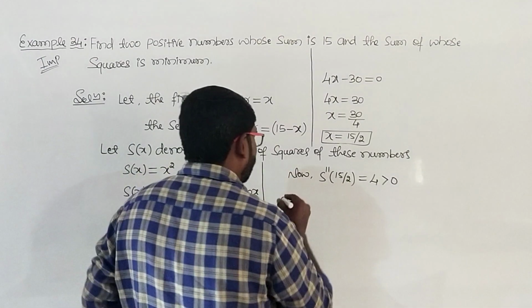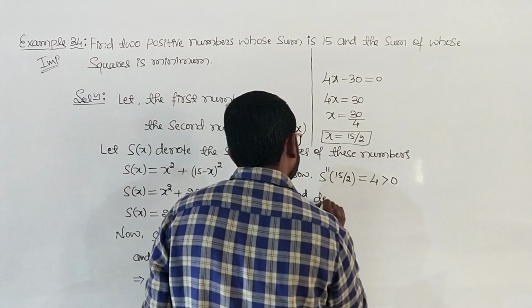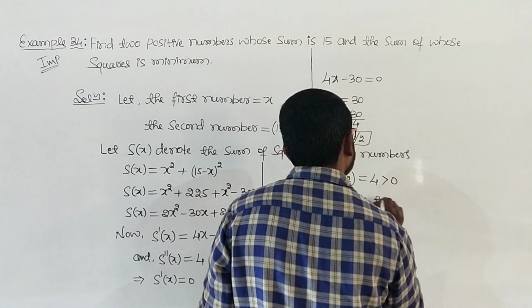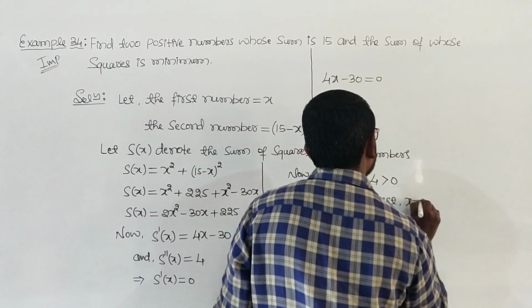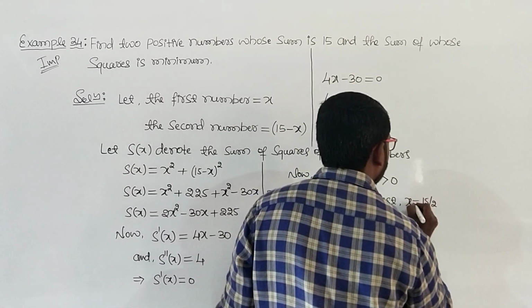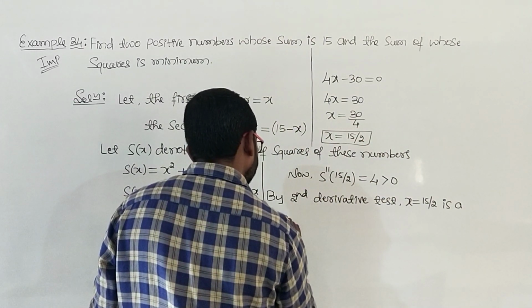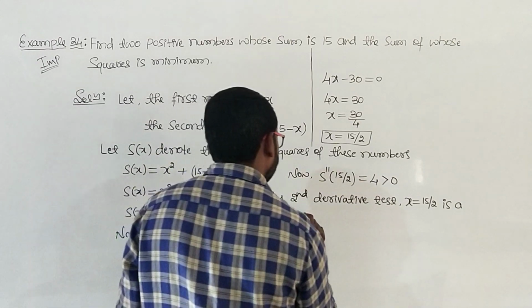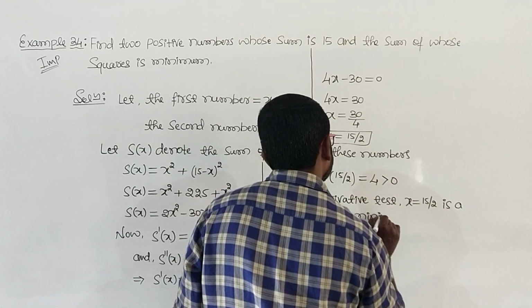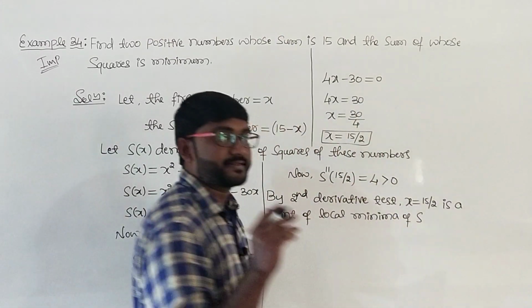So here, by the second derivative test, x equal to 15 by 2 is a point of local minima of capital S, that means S of x.